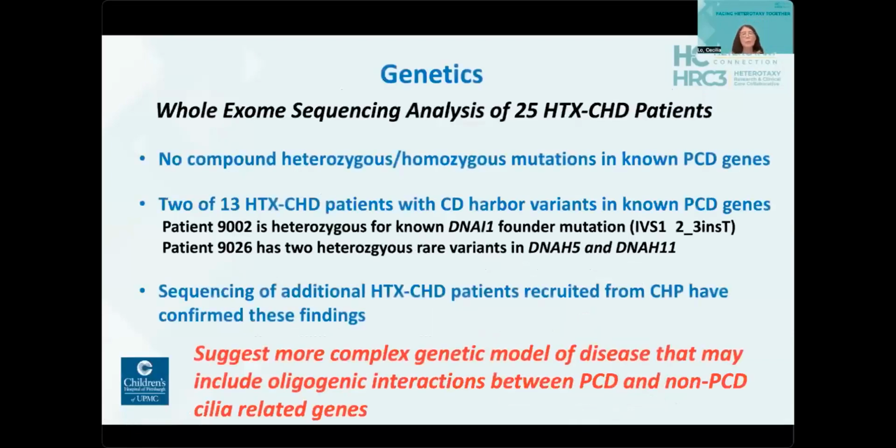So to further explore whether they may have any evidence for having PCD, we did whole exome sequencing analysis of 25 of the heterotaxy CHD subjects and looked for mutations or variants in known PCD genes. And in fact, we found no compound heterozygous or homozygous mutations or variants in known PCD genes. 2 of the 13 heterotaxy CHD patients with ciliary dysfunction actually did harbor variants in known PCD genes.